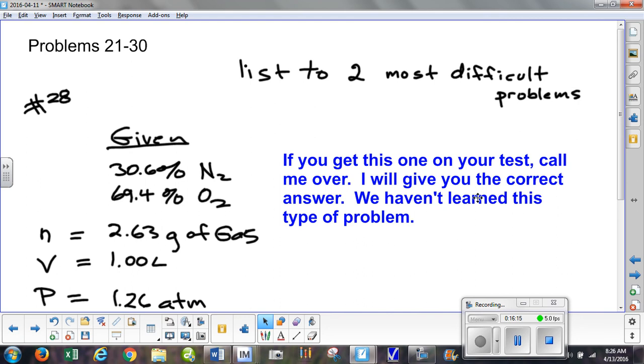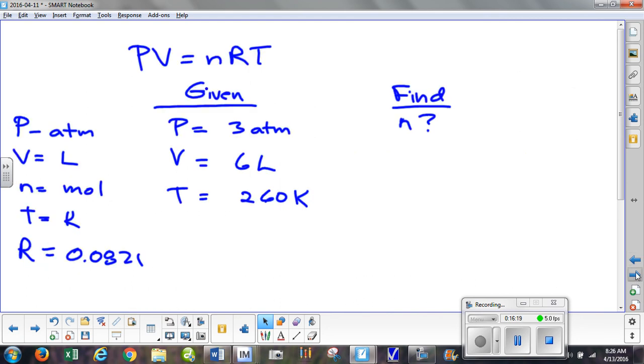Next was, oh yes, this is the problem that if you get it, you get to call me over and you got a freebie, because I haven't shown you how to do this. And this is just a sample problem. Someone wanted to see how to do a PV = nRT problem. Okay, here you go. I made this up as I went. I just said, hey, you're going to get pressure, volume, temperature, and you're not going to know moles.